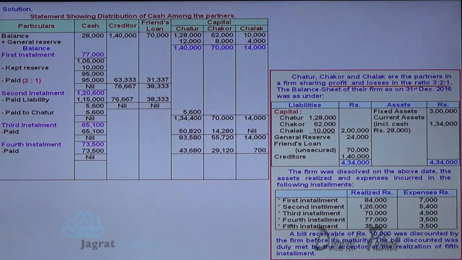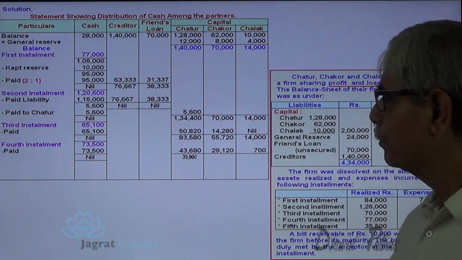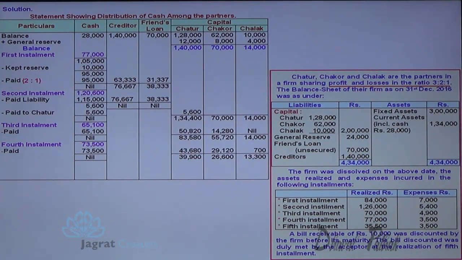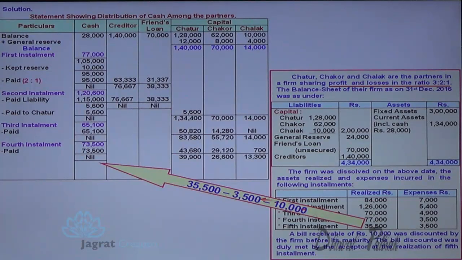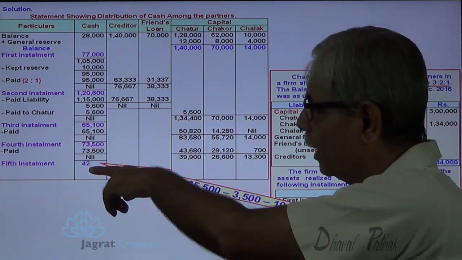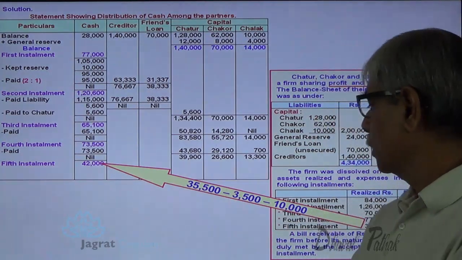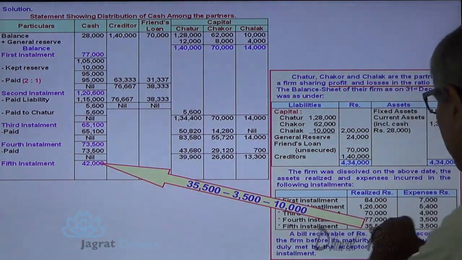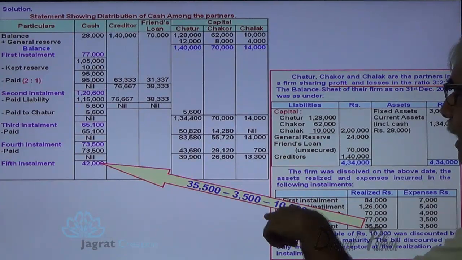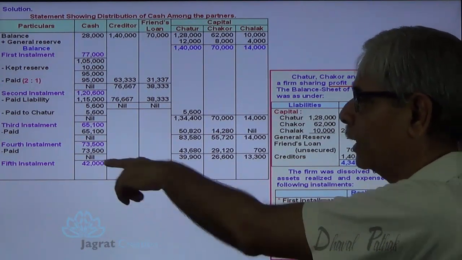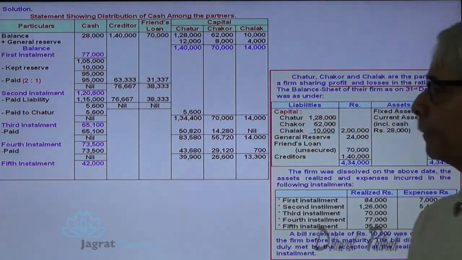So the total amount available for distribution is 35,500 minus 3,500 plus 10,000. If you work it out, how much is that? 42,000. How did I get 42,000? 35,500 minus 3,500, and this is not minus but plus 10,000. So 42,000 is the fifth installment.